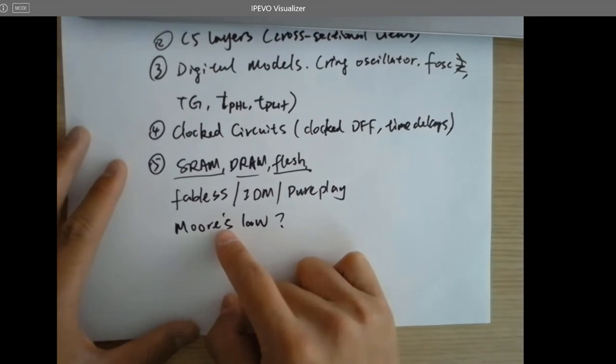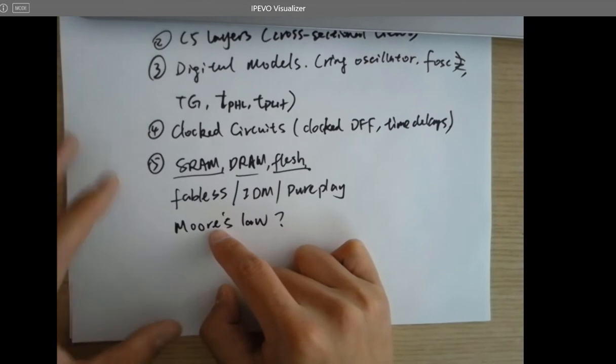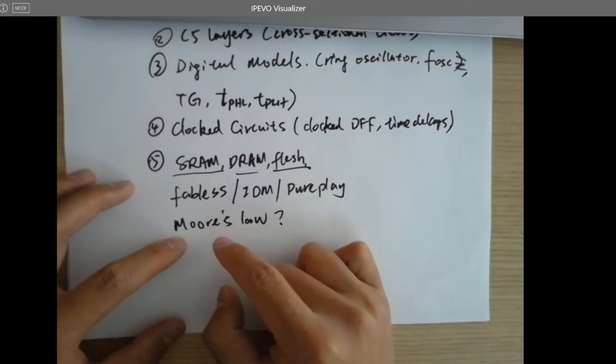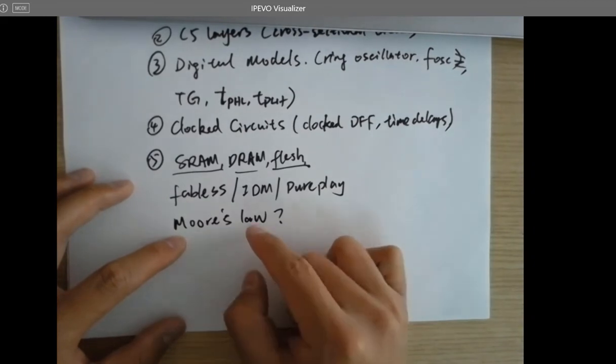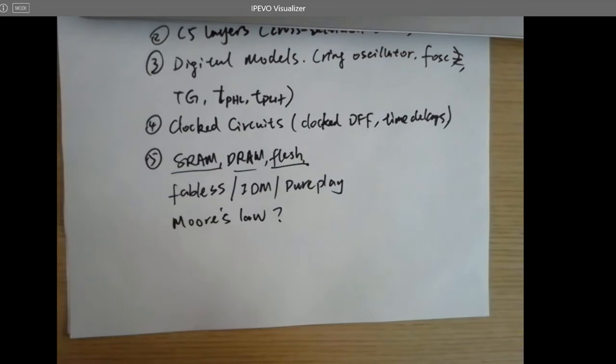I forgot when, but this guy predicted that the number of devices that can be integrated into a certain area on an IC chip will double every year. It was like that for the past 20 or so years, but it's slowing down because it's reaching the limit. Right now we're reaching 3 nanometer technology, and what's the size of one atom? You cannot fabricate anything smaller than one atom, right?